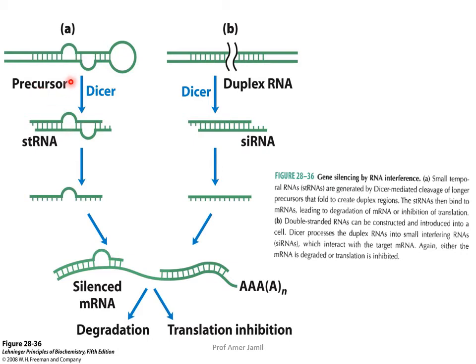Here, this is a precursor primary microRNA, and the mechanism I have discussed, and this is called a small temporal RNA, followed by the same mechanism of partial or near perfect complementarity. But in case of in vitro, there is a duplex RNA. Then there is dicing, and it is called small interfering RNA, siRNA, which also follows the same pathway later on. So that can be used in different experiments.